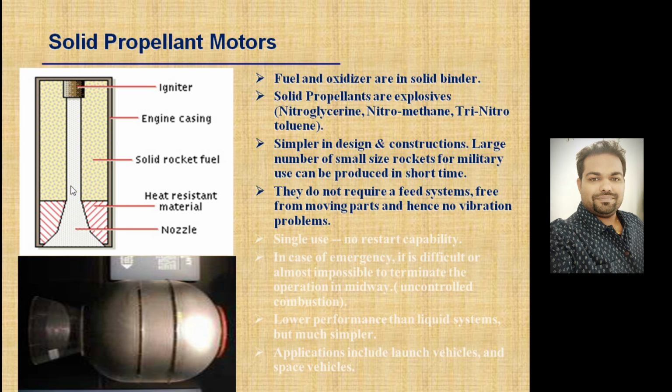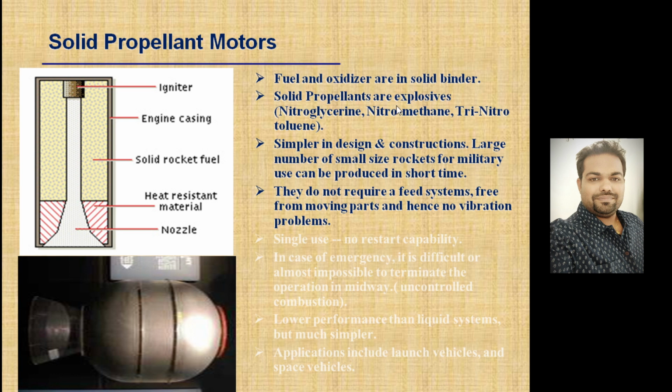So this is the cut section of the solid propellant rocket, and if you look at this image, this is the full prototype of a solid propellant motor. So this is the casing. Within that, solid propellant will be wound up, that is, fuel and oxidizer will be in solid form. This is the end where the igniter will be, from which burning will start, and then after that hot temperature gas is expelled through this nozzle at very high velocity, and executes the thrust.